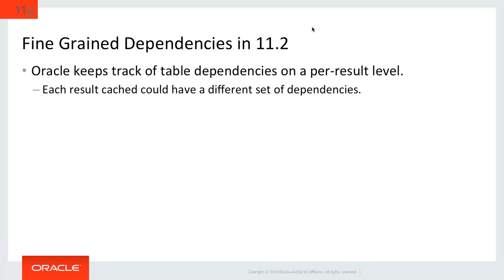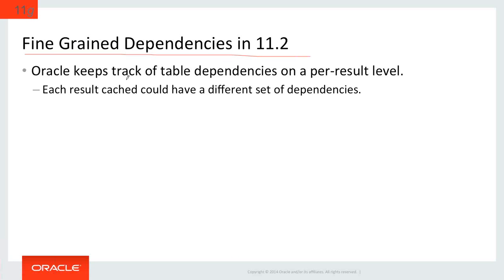So in 11.2, there were two major enhancements made to the function result cache feature. One of them, as I already mentioned, is that you no longer have to say RELIES_ON. Oracle automatically figures out what tables your function relies on, which is great. The second thing that happened is that Oracle implemented fine-grained dependencies in 11.2.